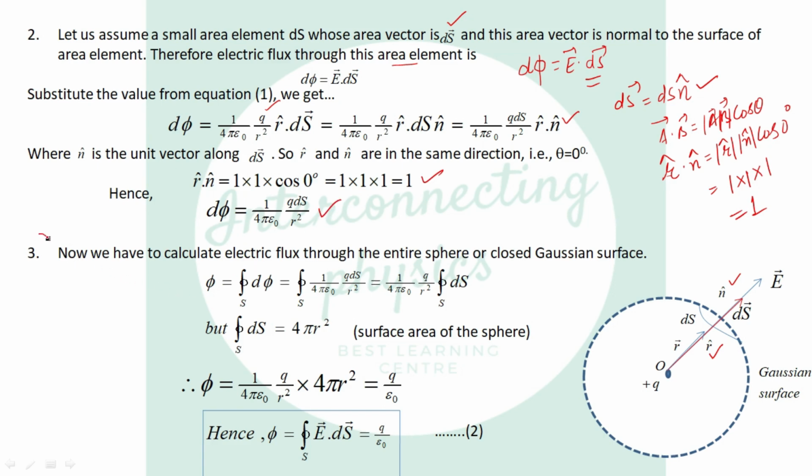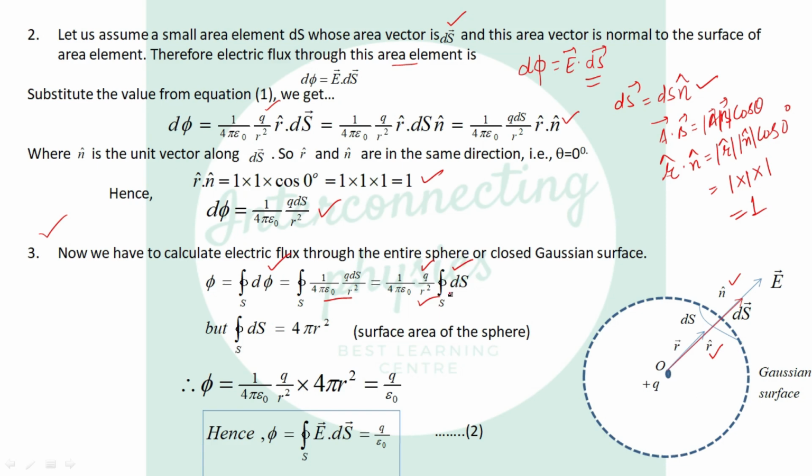Now step number 3, we have to calculate the electric flux through the entire Gaussian surface. It can be written as phi equal to closed integration of d phi. Now substitute the value of d phi. The constant terms, that is 1 over 4 pi epsilon naught, the charge, and the radius of this sphere are constant and can be taken out of the integration.